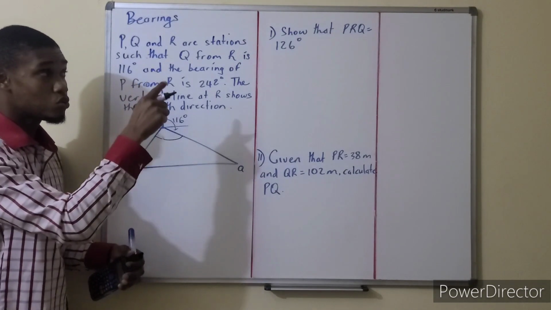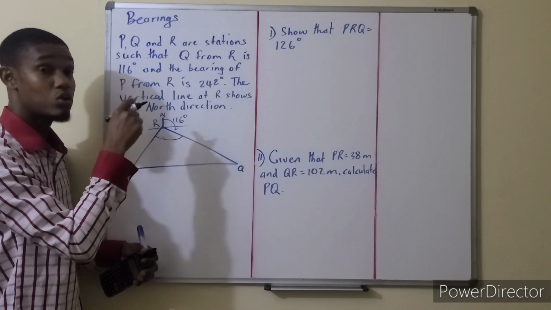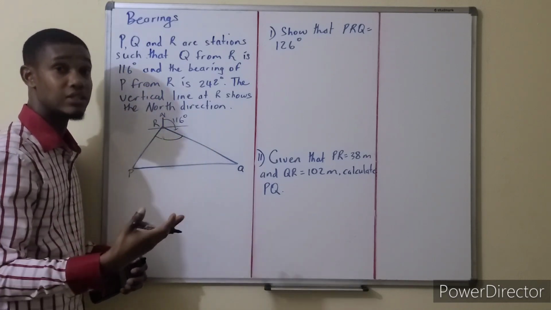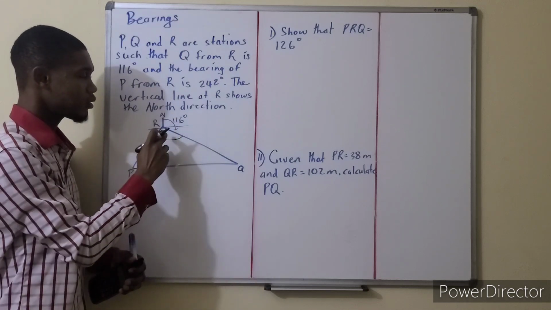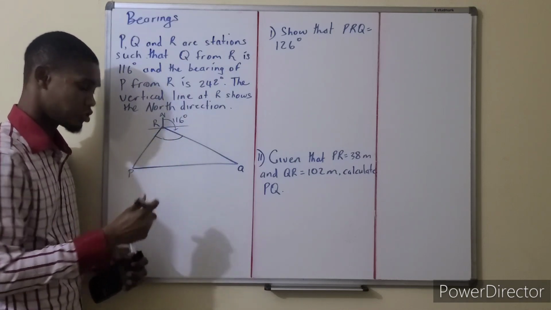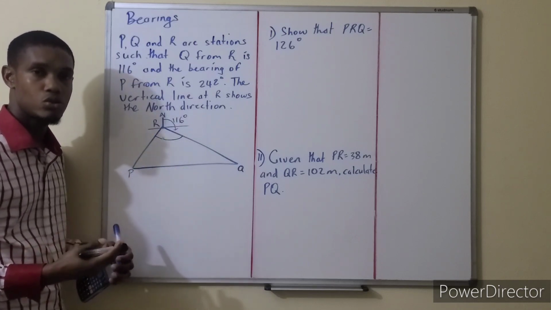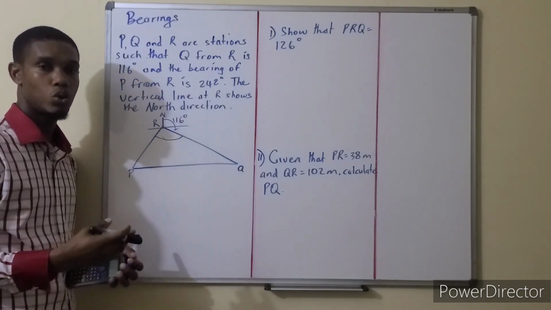So it's telling you in this particular question that it's equal to 126, but they are also asking you to prove it, or to show how they arrived at 126 degrees. And for you to do that, you must be able to show working.